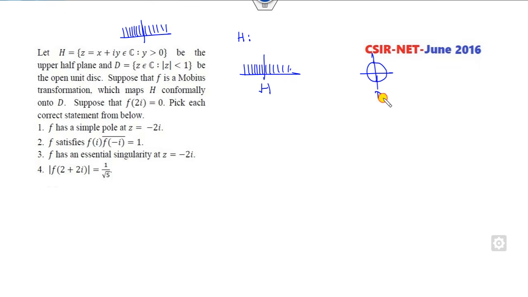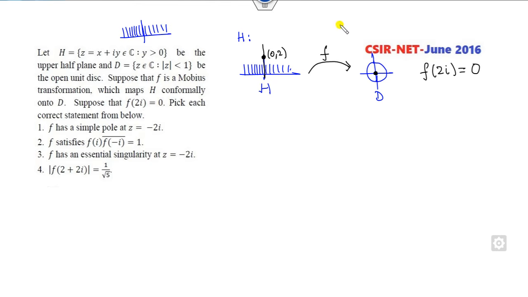This is my D. Then F is a transformation which maps H to D such that f of 2 iota will be 0. Where is the 2 iota? It lies here. Fine. x is 0, y is 2. This is my (0, 2). So it maps onto the 0.